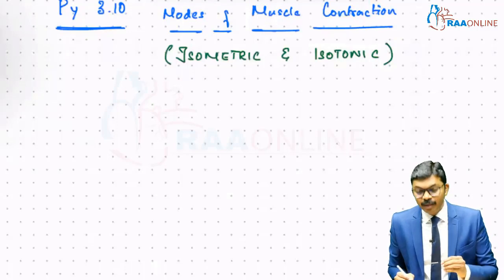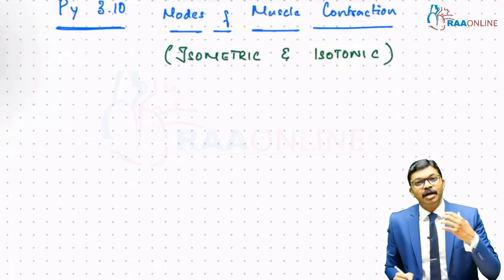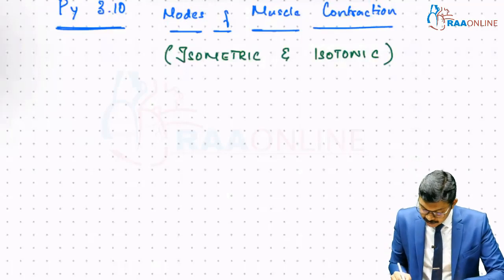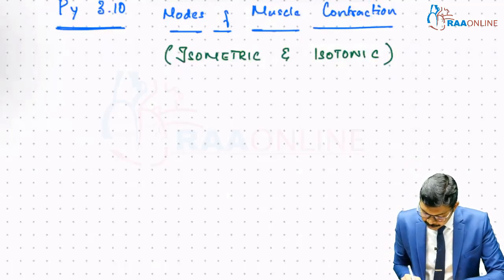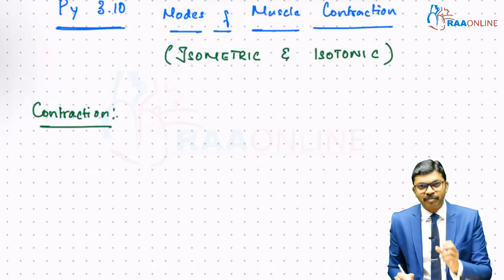So guys, I'll begin with addressing the word contraction. We'll understand what contraction is first, then we'll discuss tone, and then we'll go into the different types of contraction. So at the outset, when it comes to the word contraction, please understand the word contraction doesn't mean shortening of muscles.